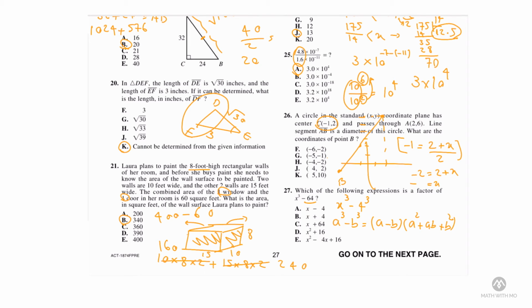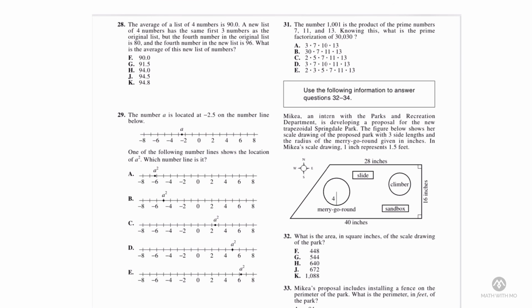Now, applying that, x cubed minus 4 cubed will be x minus 4 times x squared plus 4x plus 16. 4 squared is 16. Now this is one factor, this is the other factor. So A is the answer. You can see E, the problem is this negative here.